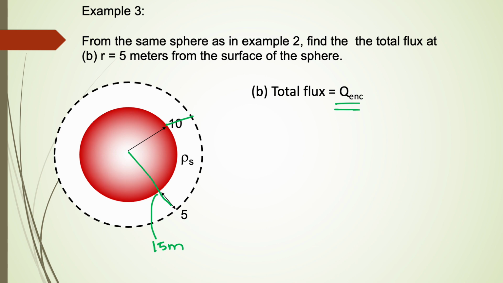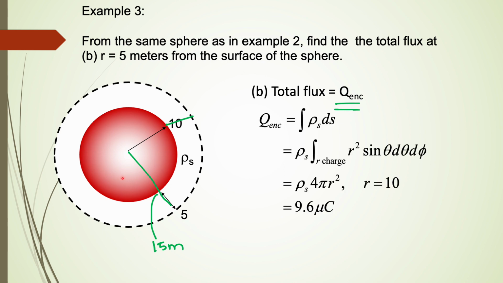Now inside the imaginary line, is there any charge inside? Yes, we have the charge inside here. So what we need to do is use rho s dS, but now your r is only 10, although the total r is 15.